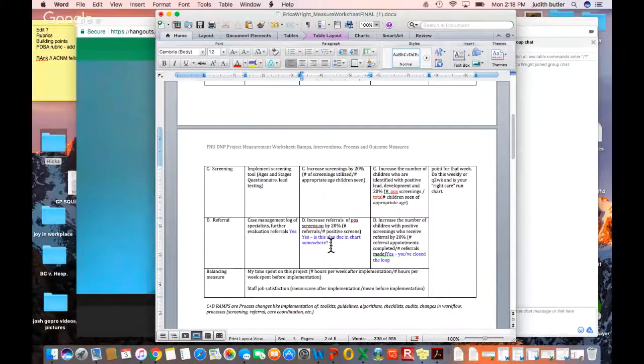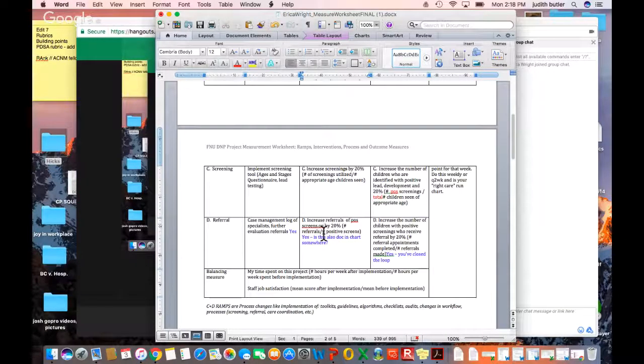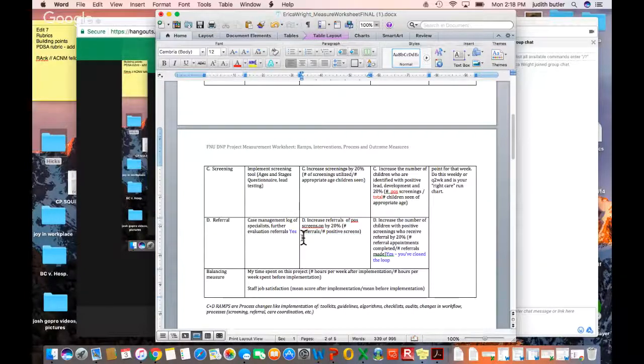Right. So do you refer them in the chart? Yeah. It's an electronic referral. Okay. So the other thing that we're going to do here, number of screens, and this is documented in the chart. So it's easy. You know where to go look for that, right? That's an order. Right.